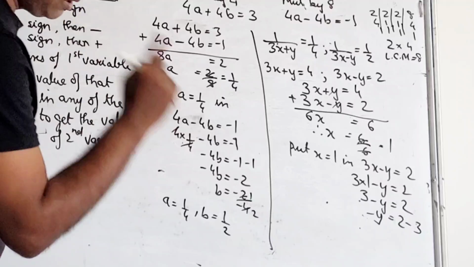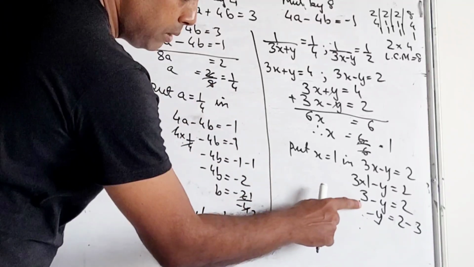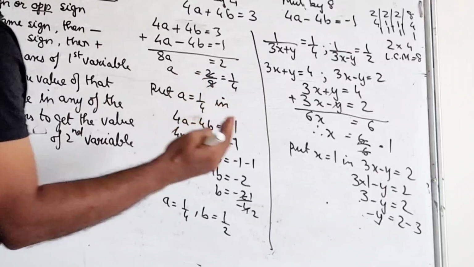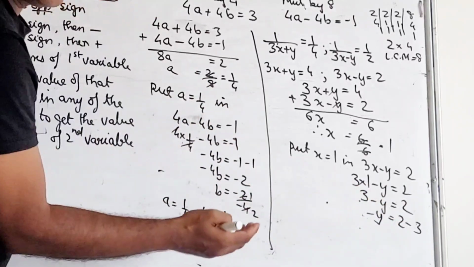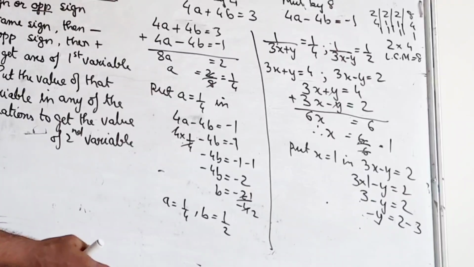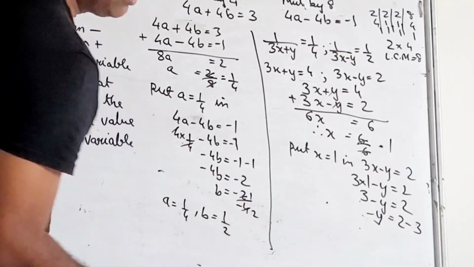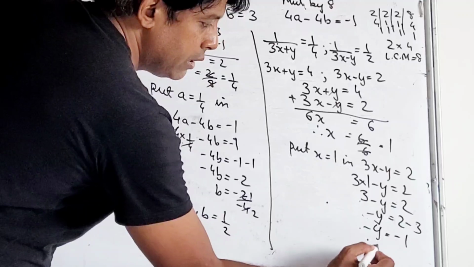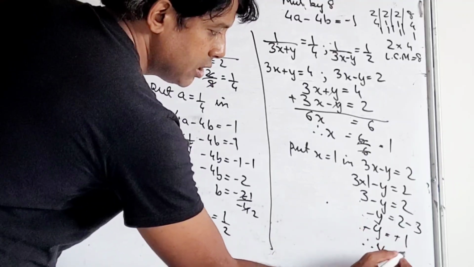Again, students think this number's sign is this one. Always remember, a number has its sign in front of it, not behind it. So what is the sign? There is no sign given here, means it's minus. Sorry, plus. So when it goes to the other side, it becomes minus. So it's minus y is equal to minus 1. Therefore, both sides minus cancelled, y is 1.